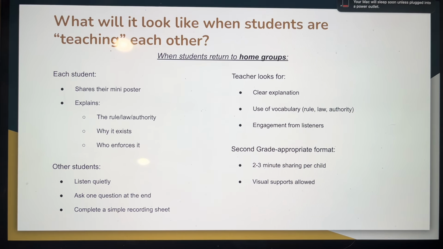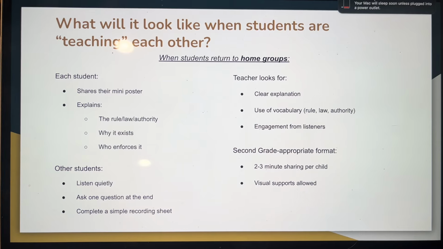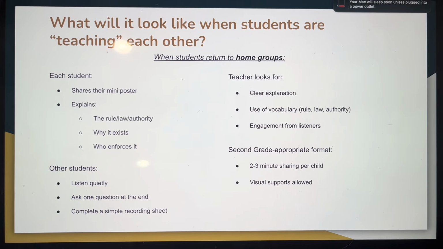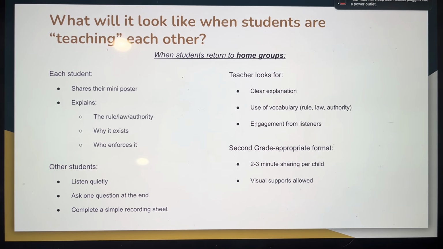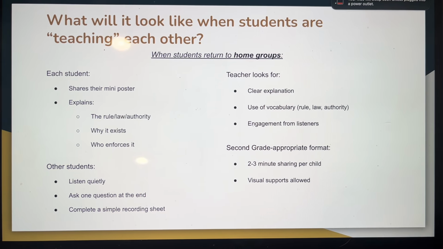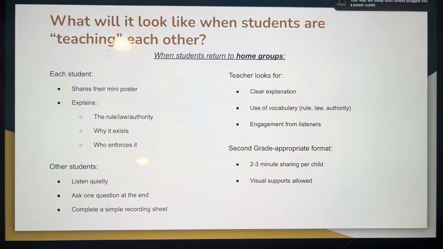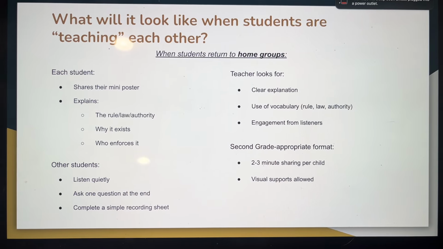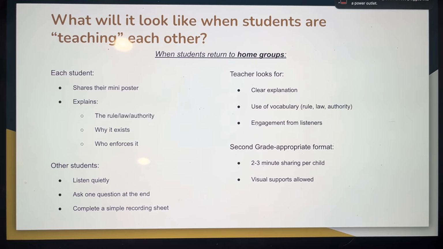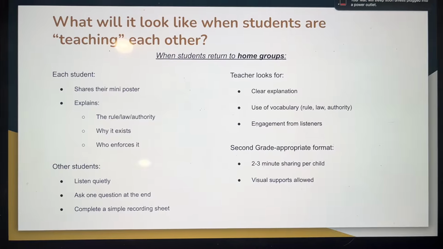Teachers will look for a clear explanation, use of vocabulary, rules, law, and authority, and engagement from listeners. In second grade, appropriate format: there will be a 2 to 3 minute sharing per child, and visual support is allowed.